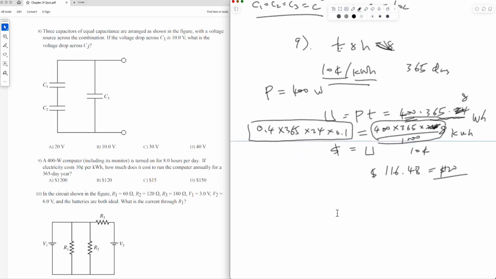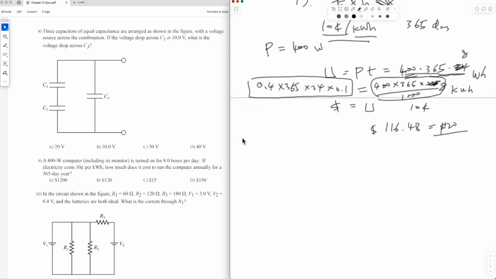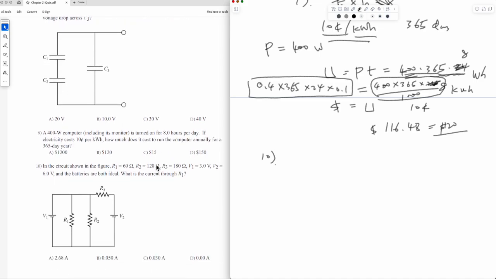All right. Number 10. In the circuit shown, here's the circuit.